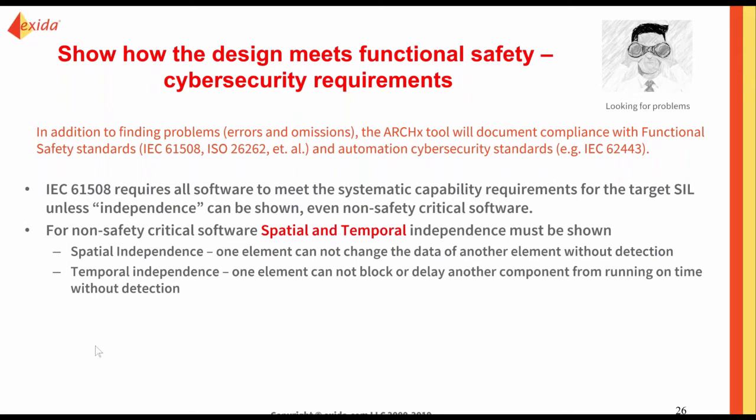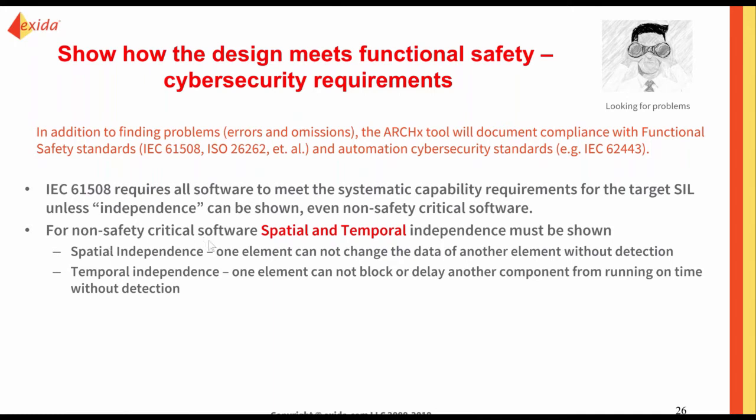And this is an important statement, unless independence can be shown. I read that in the standard and think, what does that mean? Well, the statement applies to all software, even non-safety critical software. And you might be thinking, I've got to meet all those process requirements, even for my non-safety critical software? Well, the answer is yes or no, if you can show independence.